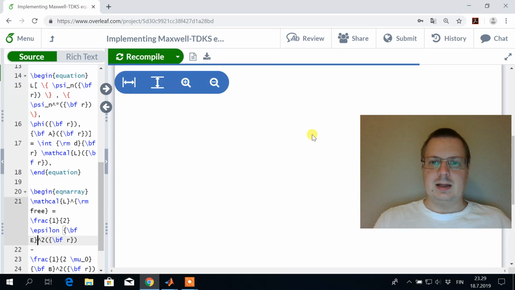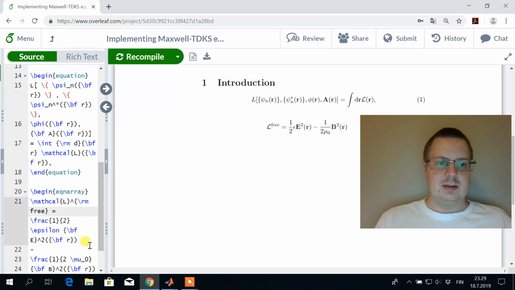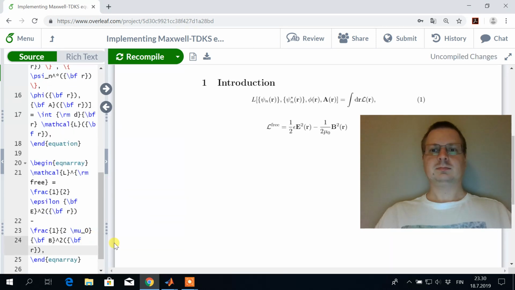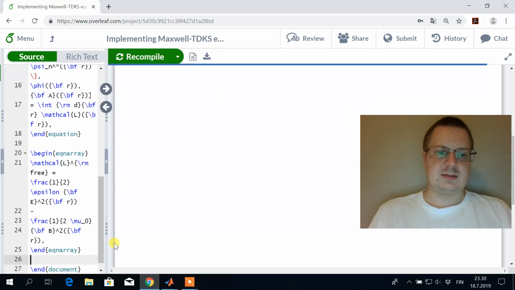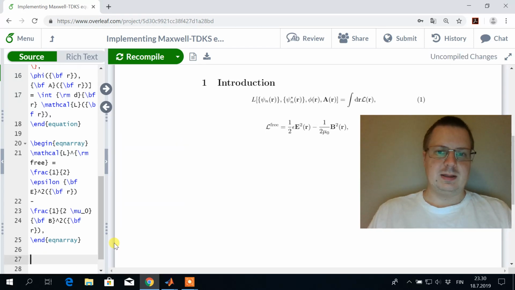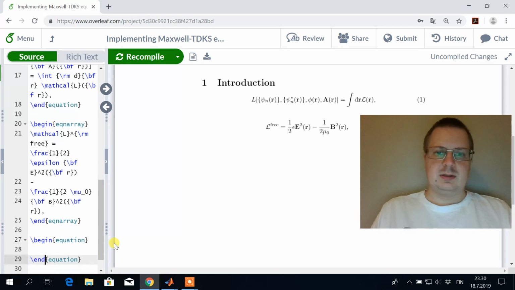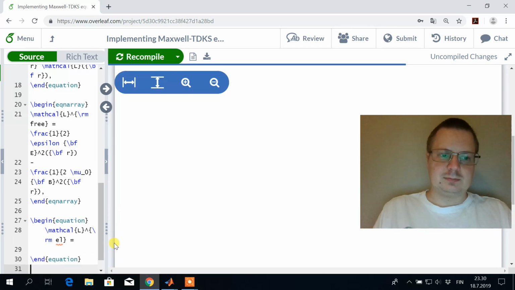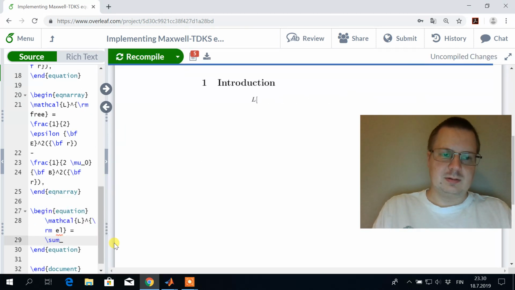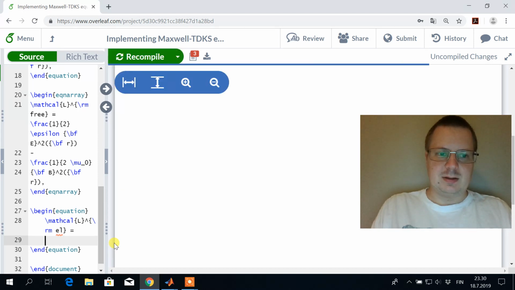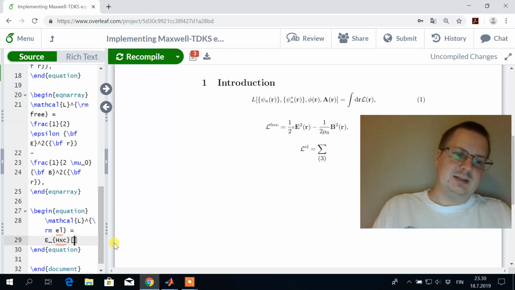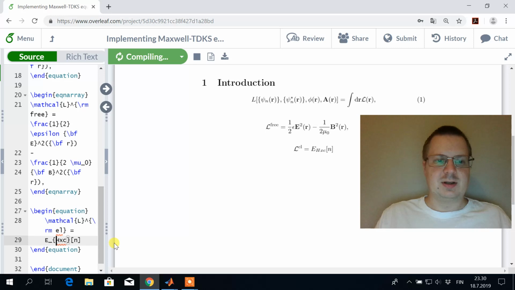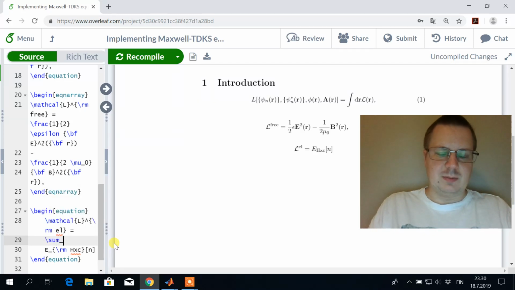Okay, and then I guess we can also define the electrons, just to call it boringly L. So we have the E_HXC of the density, the Hartree exchange-correlation potential of the density, and then we also have the kinetic energy, so a sum over n.